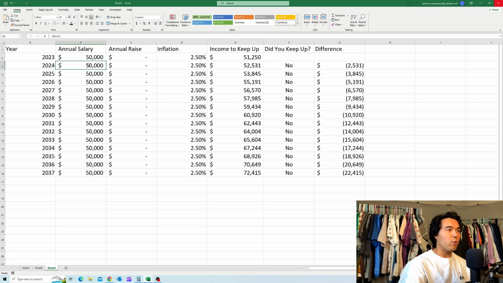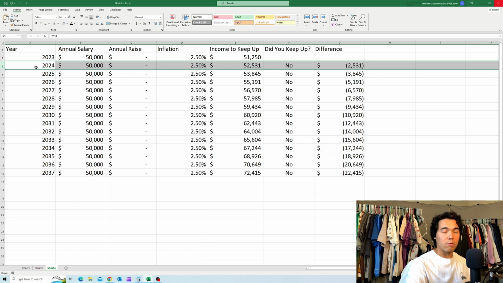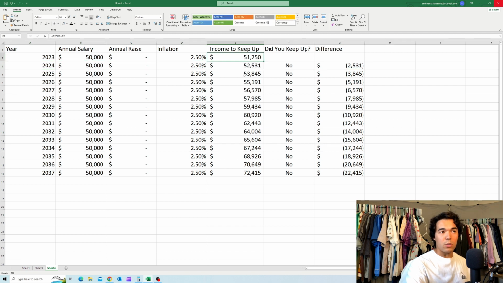So in 2024, we already know that he should be on track to make $51,250 as salary, but that wasn't the case, so he's still at $50,000. And at the end of 2024, let's say that the inflation rate was 2.5% as well, same as the last year. Now he needs to be making not 51,250.